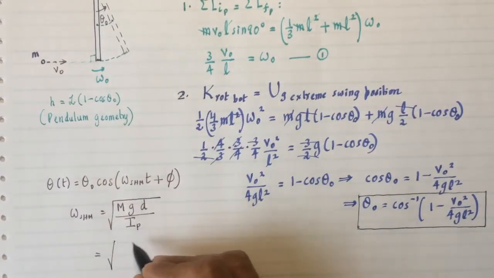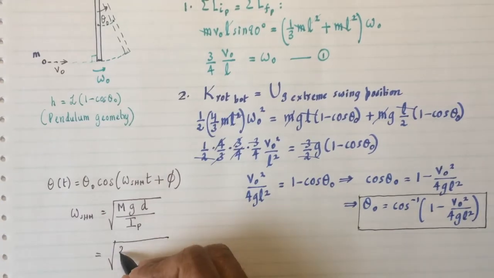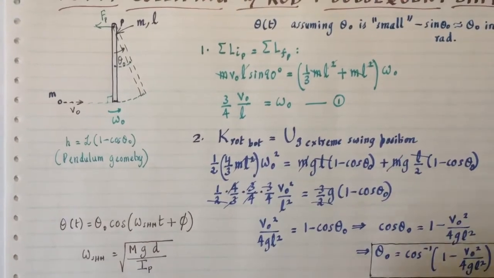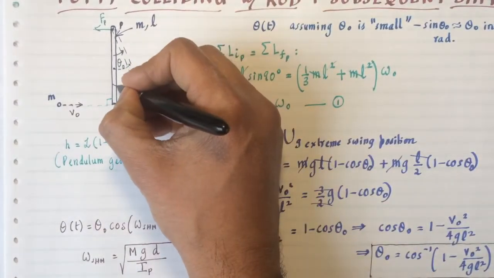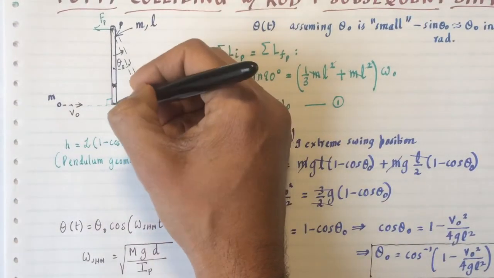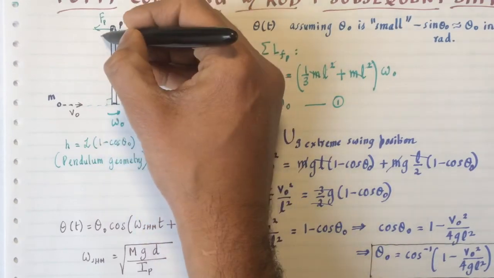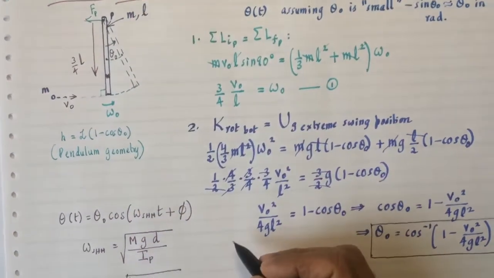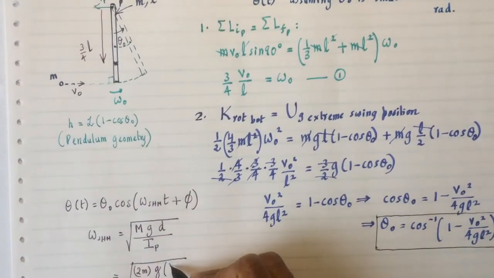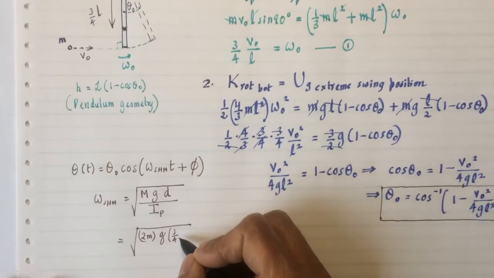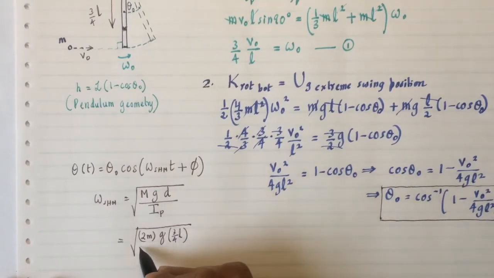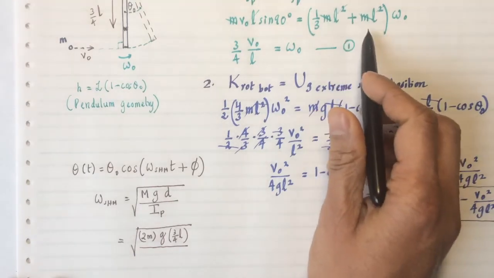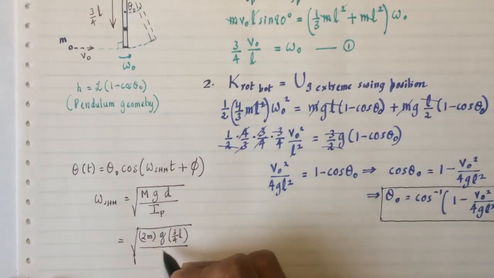The total mass is just 2m because it's the putty plus the rod, times g. Now the center of mass distance is going to be precisely halfway between L over 2 and L, which means it's going to be at 3/4 L. So that's going to be 3/4 L divided by the moment of inertia, which I've done already, 2 times 4/3 ml squared.